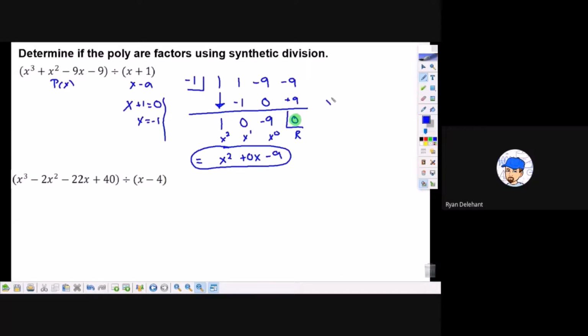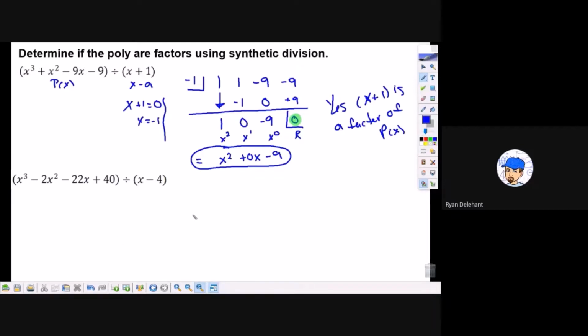And is it a factor? Yes. x plus 1 is a factor of that big p of x. And now you see why we label the bigger one p of x, because it takes a whole lot less time to write p of x in an answer statement than it does to write all of that out.